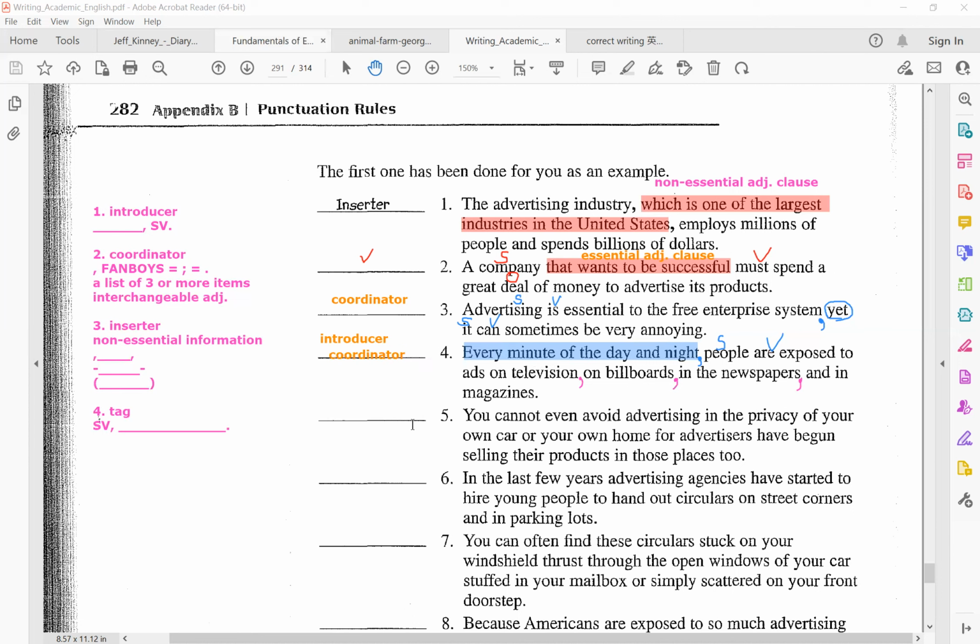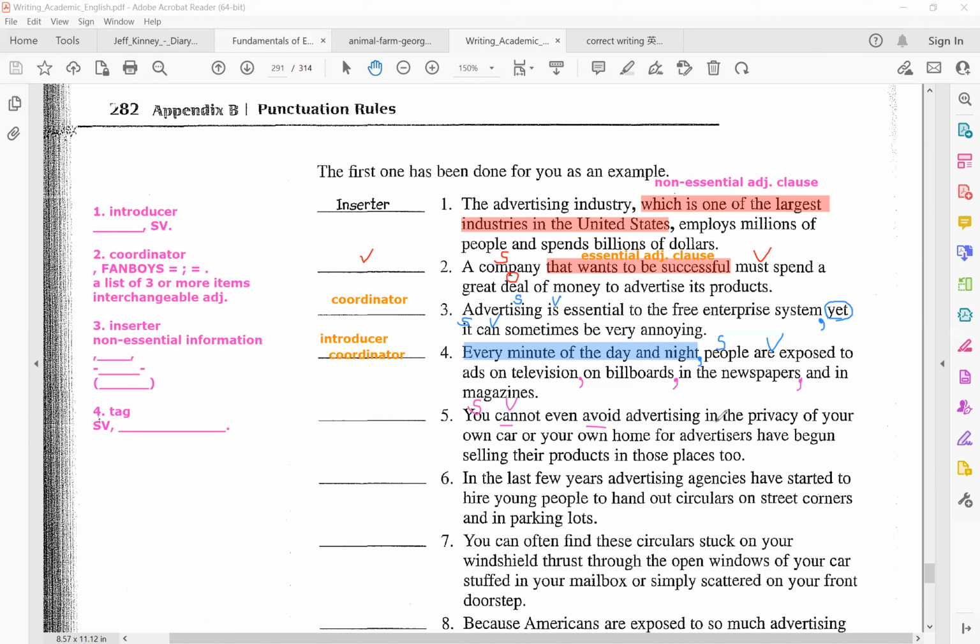All right. And number 5, you cannot even avoid advertising in the privacy of your own car or your own home. So do I need a comma before or? No, because it's only connecting 2 items, not 3 or more. But I do have a complete sentence here. You can avoid.